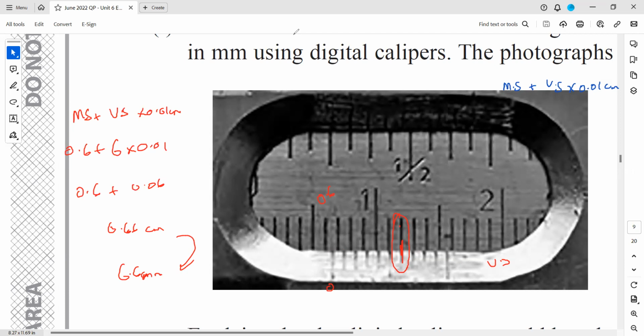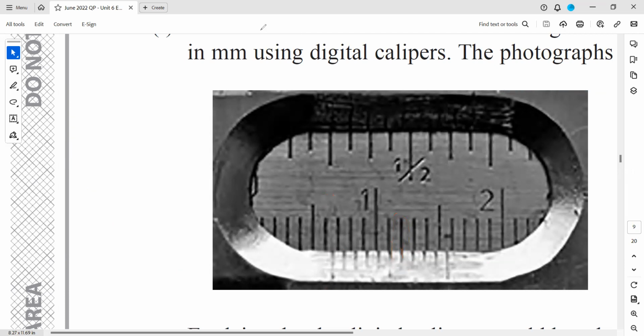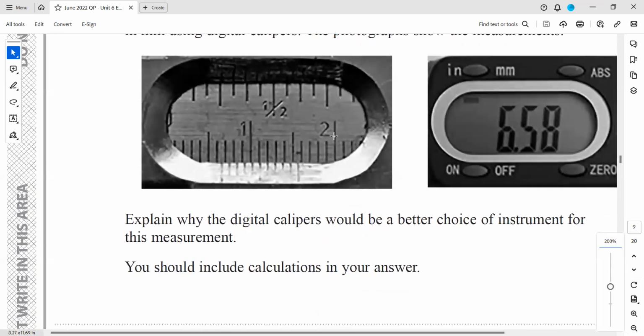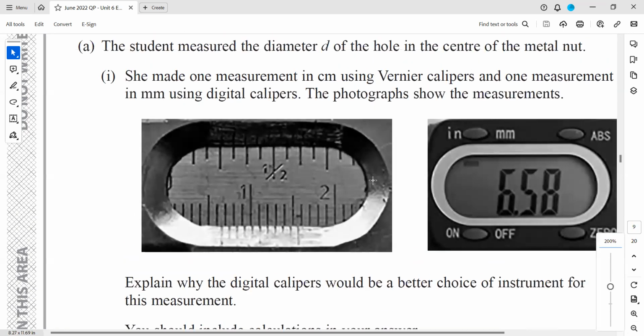According to the digital caliper, the value is 6.58, but with the vernier caliper we are getting 6.6.